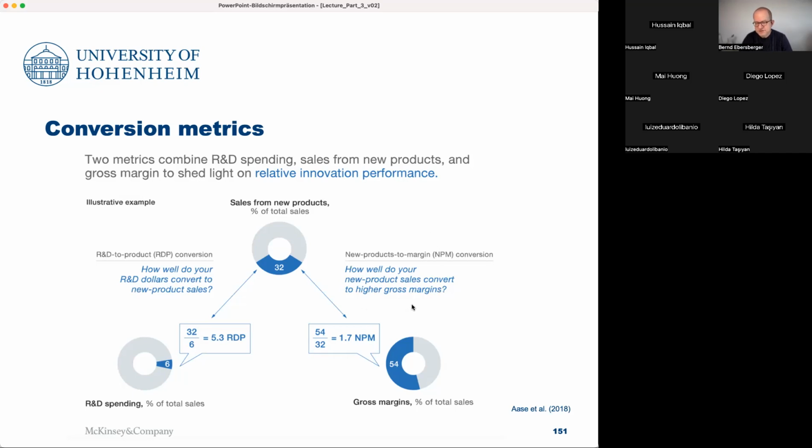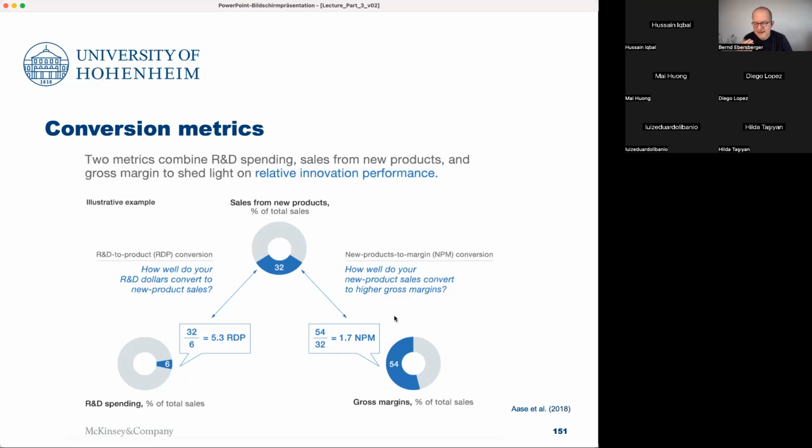The second measure is how well these new product sales actually convert into your gross margins. So you divide this metric by this metric. Again, the total sales cancel out.